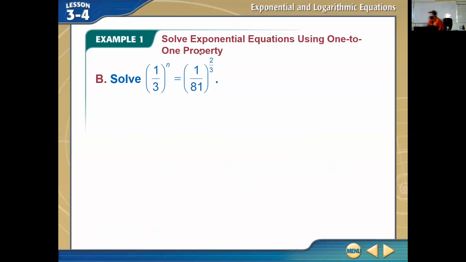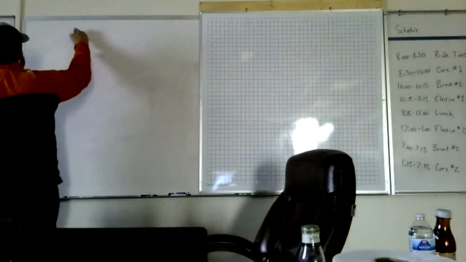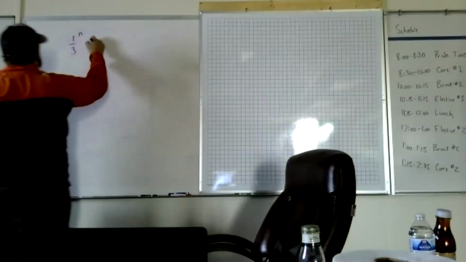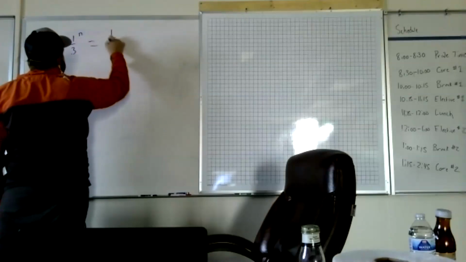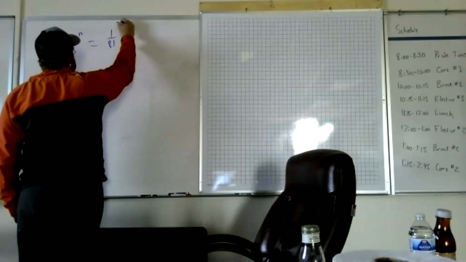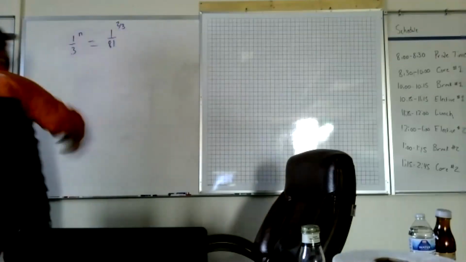Right? So I'm going to end up plugging that in. So I have 1/3 to the n is equal to 1/81st to the 2/3 power. Like I said, 1/81st is equivalent to 1/3 to the 4th power.